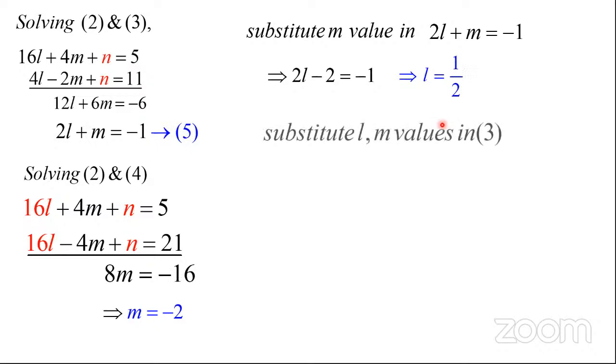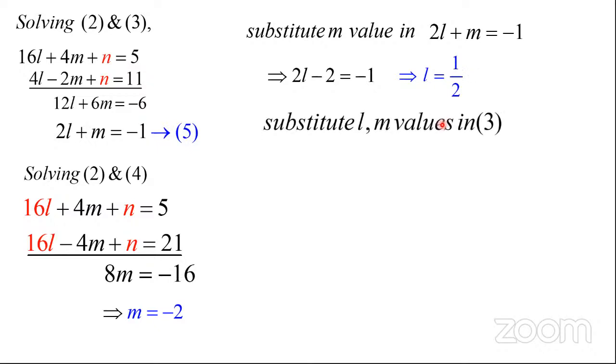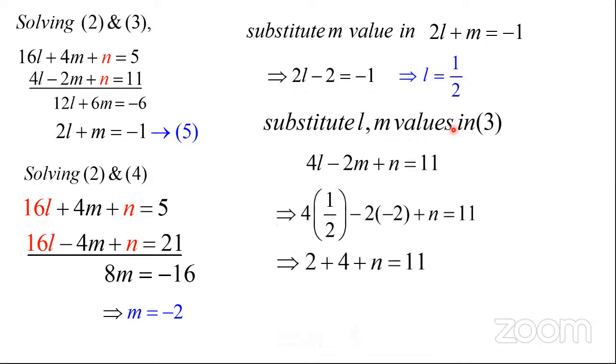Substitute these l and m values in any of the equations involving n. For example, substituting in equation 3. We have to check whose coefficients are small. In that equation, if we substitute, we will get the answer soon, instead of substituting in the equation whose coefficients are big. Then we get n is equal to 5. So we got l value, m value, and n value.